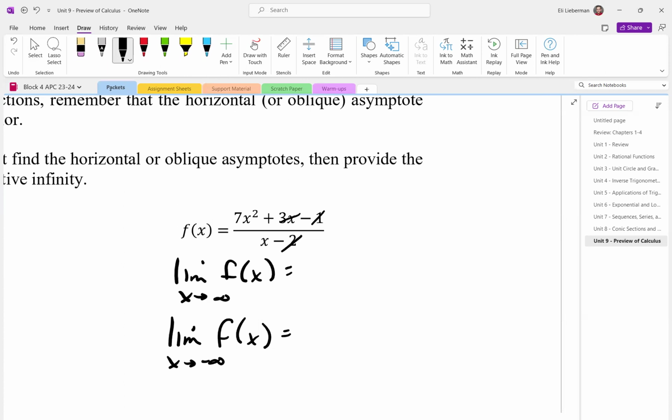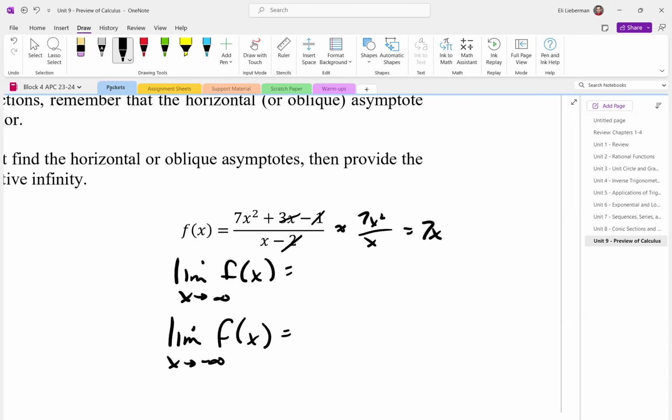Then you multiply by 7, so you get 7 billion, minus just 3 billion, it's insignificant, but even this becomes insignificant compared to this. So you keep the dominant term on the top and the bottom. So this approaches approximately 7x squared over x, which is equal to 7x, which is the slope of the slant asymptote.